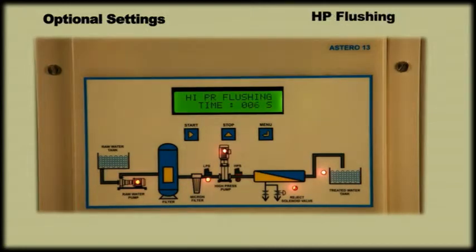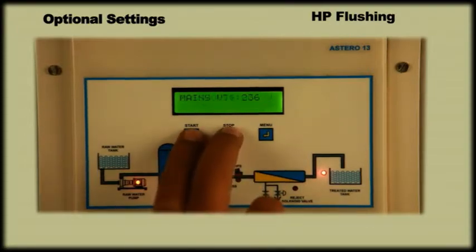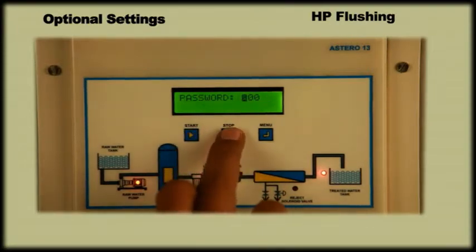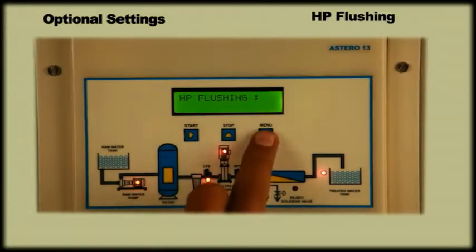HP flushing. Normally flushing is done by the raw water pump, but in case high pressure flushing is required, one can turn on the HP flushing. For that, enter password 678 and press Menu. The display will show HP flushing off.